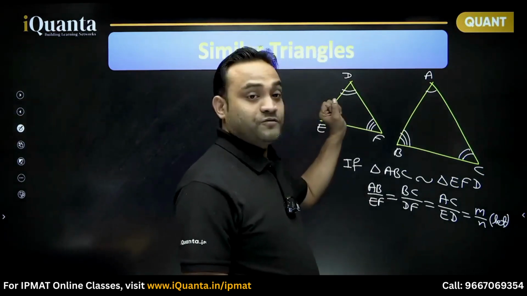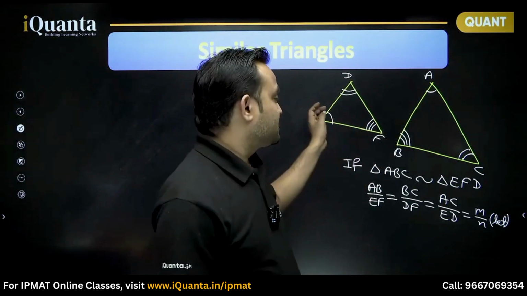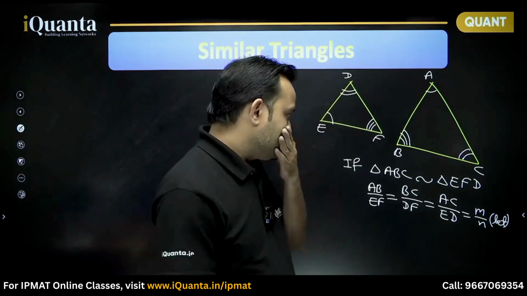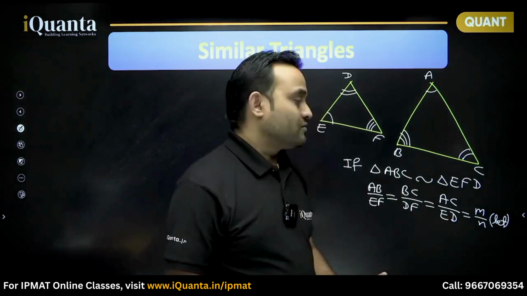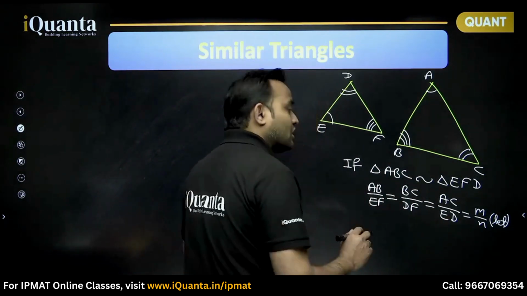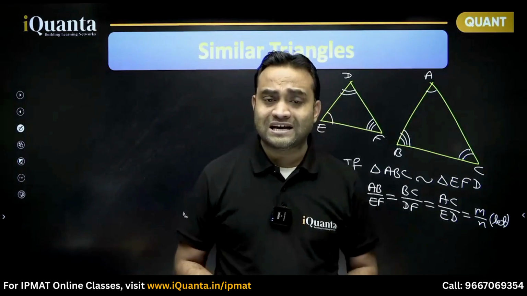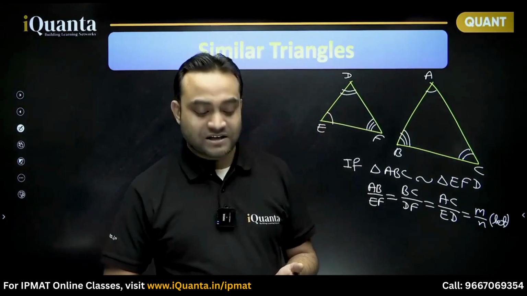Now, if the two triangles are similar, then corresponding angles will be equal and the ratio of their side lengths will be equal. Apart from that, we can also say that all the linear lengths are in that ratio. What are those linear lengths? In a triangle, one linear length is the perimeter.